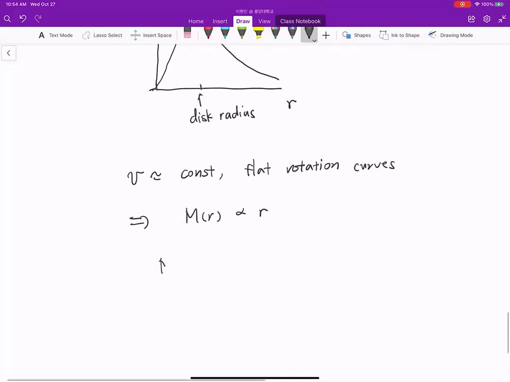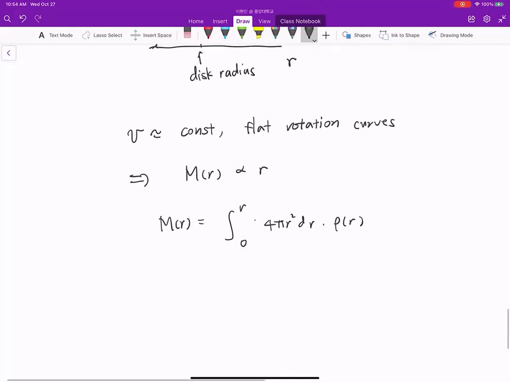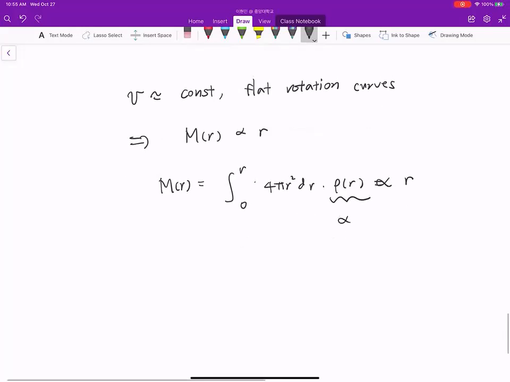And we know that the total mass is the volume integral of the matter energy density. Then we can infer the radial dependence of the matter density. So this is proportional to R, so this one must be 1 over R square, in order to cancel this R square.